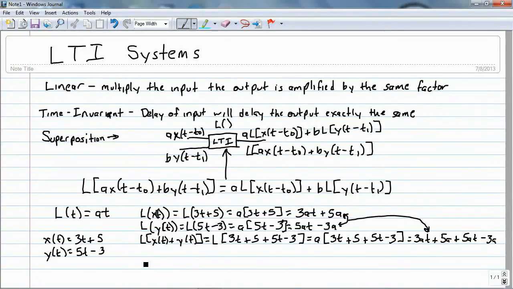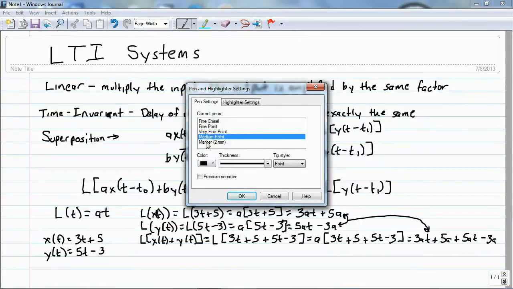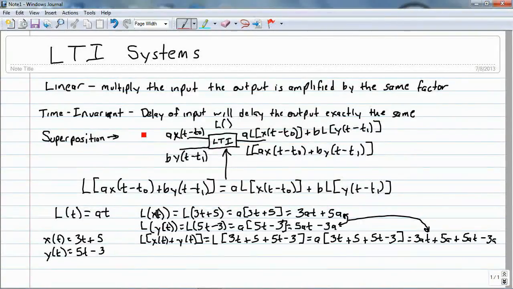Well, there are times when you may have some difficult function. I really don't want to have to analyze this because it's so difficult.